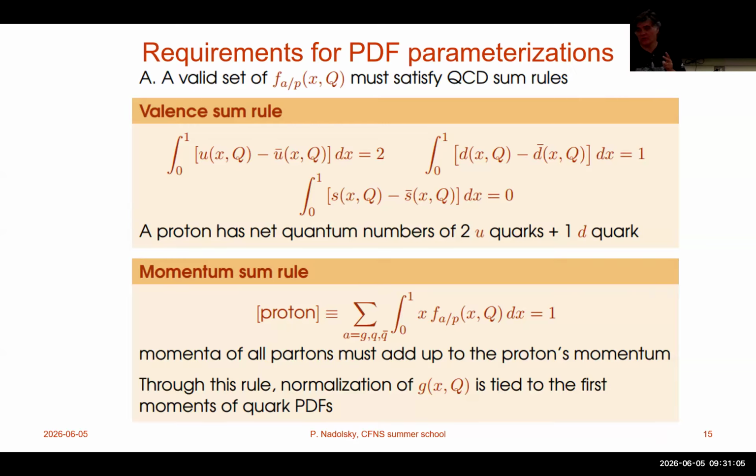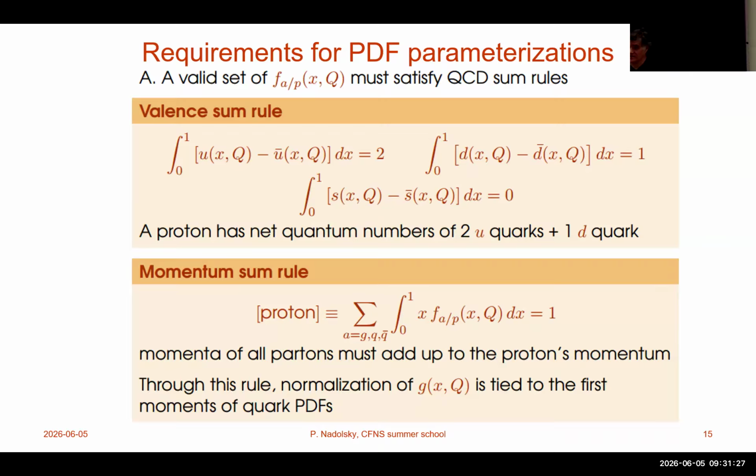There are two constituent u quarks in the proton. Therefore, the integral of u minus ubar over all momentum fractions must be equal to 2. Whatever we do to this parameterization, we must have this integral, the u valence quark sum rule, equal to 2.